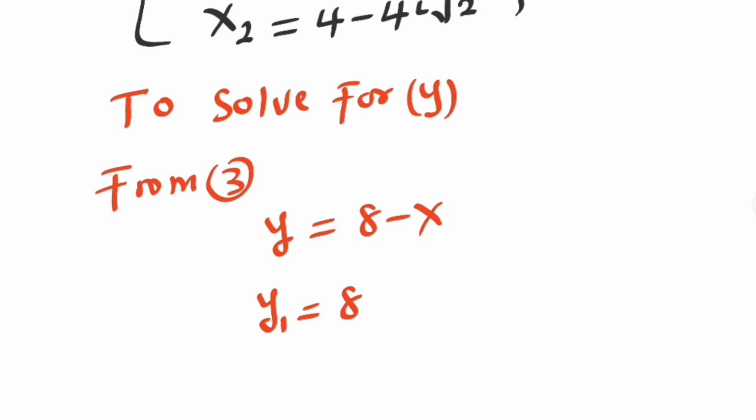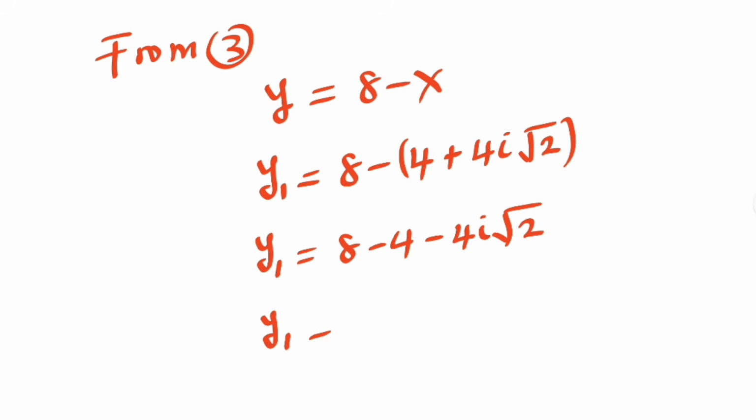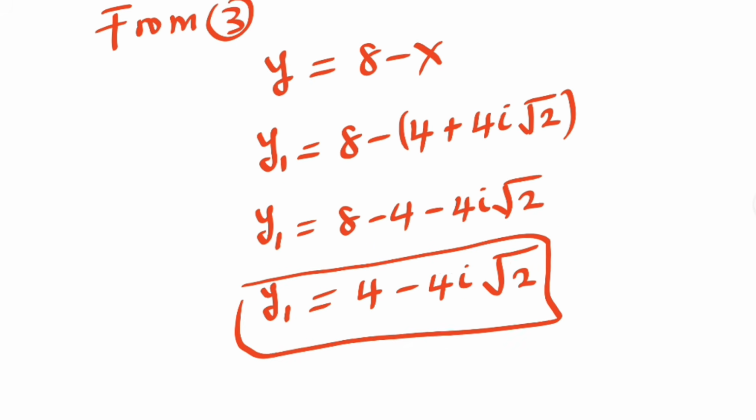y1 is equal to 8 minus x1, that is 4 plus 4i root 2. y1 is equal to 8 minus 4 minus 4i root 2. y1 is equal to 8 minus 4, that is 4 minus 4i root 2. This is the value of y1.